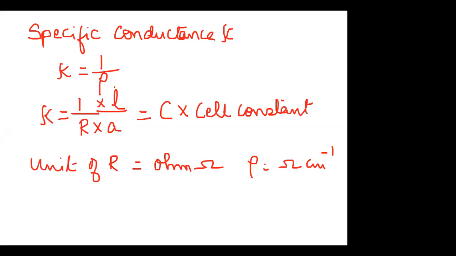Now let us talk about what this specific conductance is. Specific conductance is the conductance offered by 1 centimeter cube of a solution. That is the solution placed between two electrodes which have a cross-sectional area of 1 centimeter square, and the distance between them is 1 centimeter.